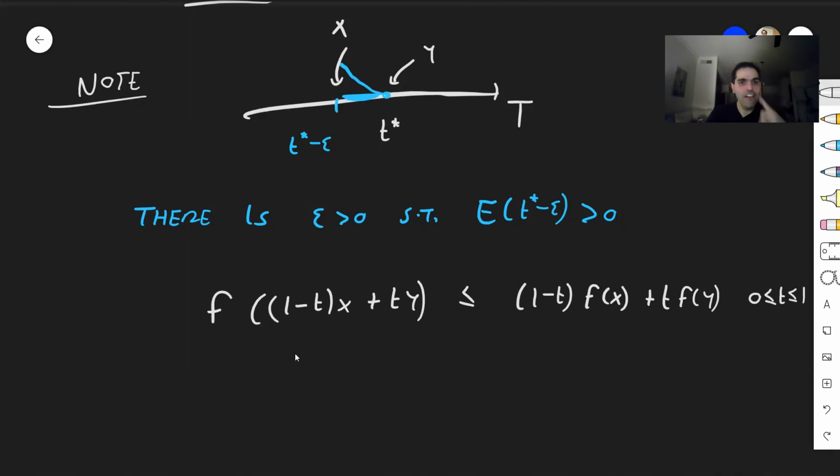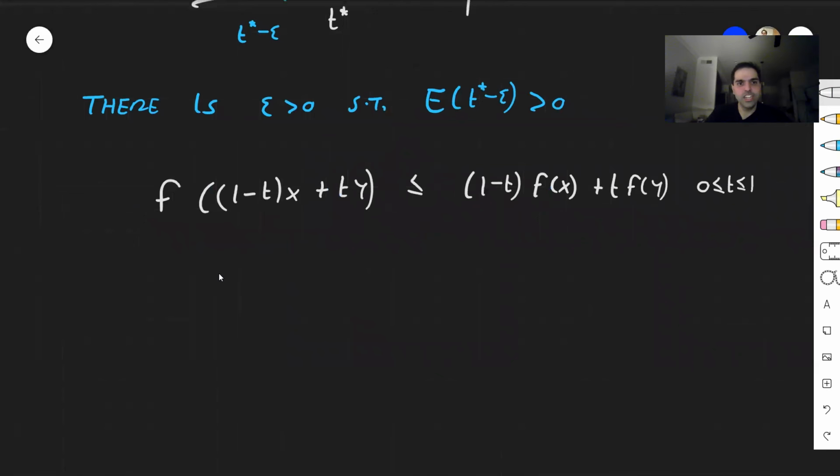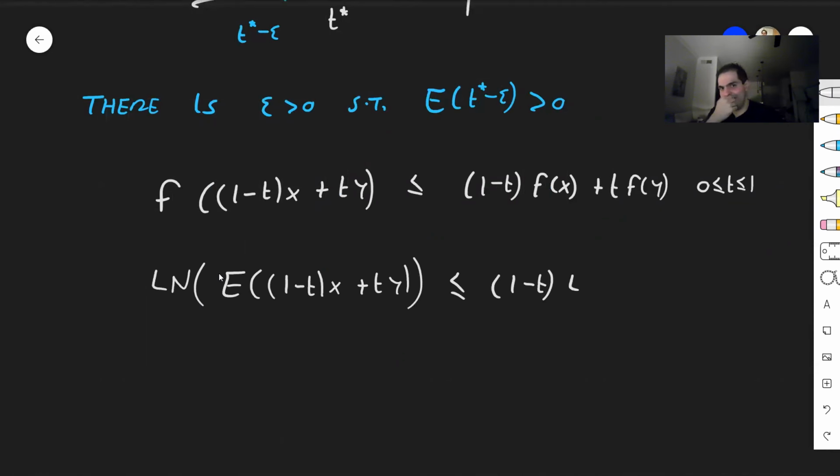But now, f was ln. So essentially, we get ln of e of (1 minus t)x plus ty is less than or equal to (1 minus t) ln of e of x plus t ln of e of y.